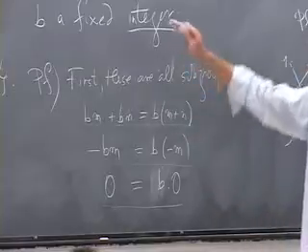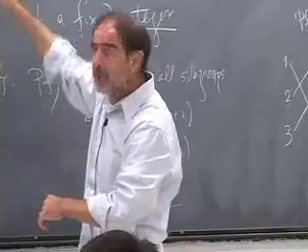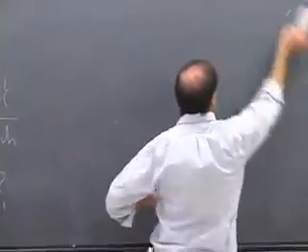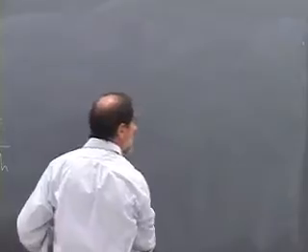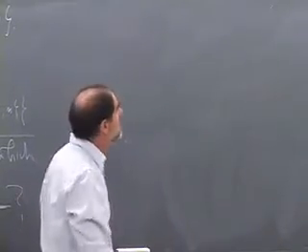Okay? So all integers divisible by something give a subgroup of all integers under addition. We just have to show that these are the only possible subgroups. So to show that these are the only possible ones, we're going to use a trick that goes back to book 5 in Euclid.